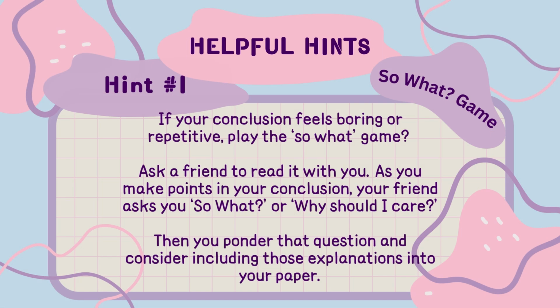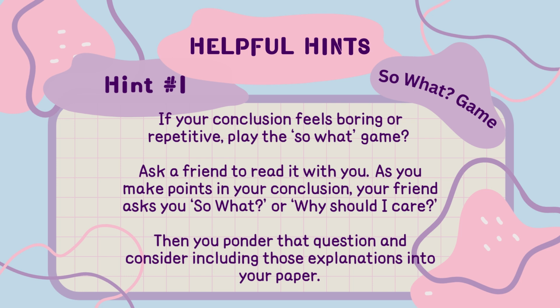All right, so let's go back to what goes in the conclusion and some hints to help you. I told you the three things that go into your conclusion in the order in which you put them in. So here are some ways to help you as you are writing. It's called the so what game. This is where, if you're not really sure how to do your conclusion, you work with a friend. You play what I call the so what game. You ask a friend to read the conclusion with you, and as you discuss each point in your conclusion, your friend will say, so what?